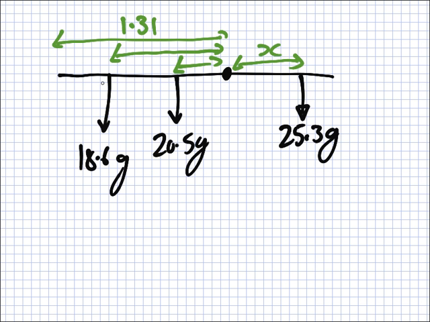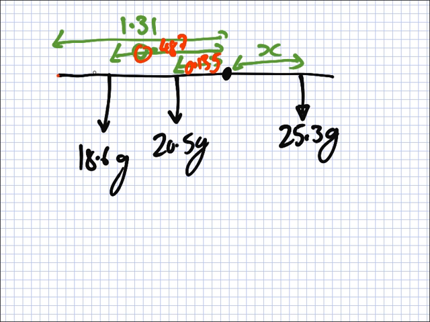So 1.31 minus 0.823. What's that then? 0.487. And the last one we need is this one. Of course, this is the center, so it's a half of 2.35. 1.175 minus 1.31, so what do you get? 0.135.